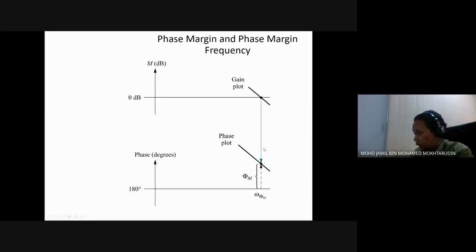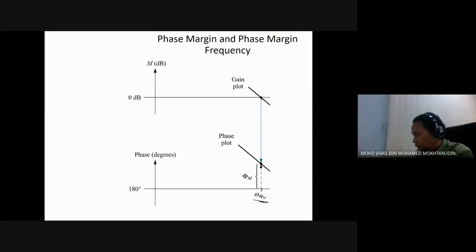Phase margin frequency, this one. This is your phase margin frequency, the value of frequency at 0 decibel. So when your Bode plot intersects 0 decibel, the frequency is the phase margin frequency.